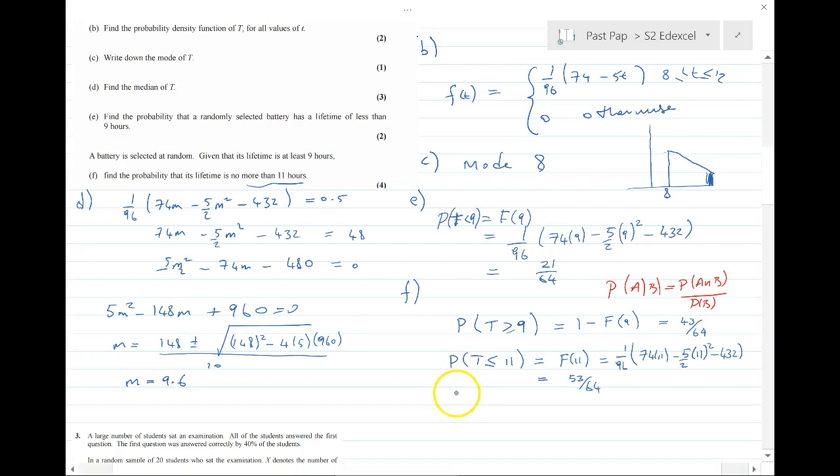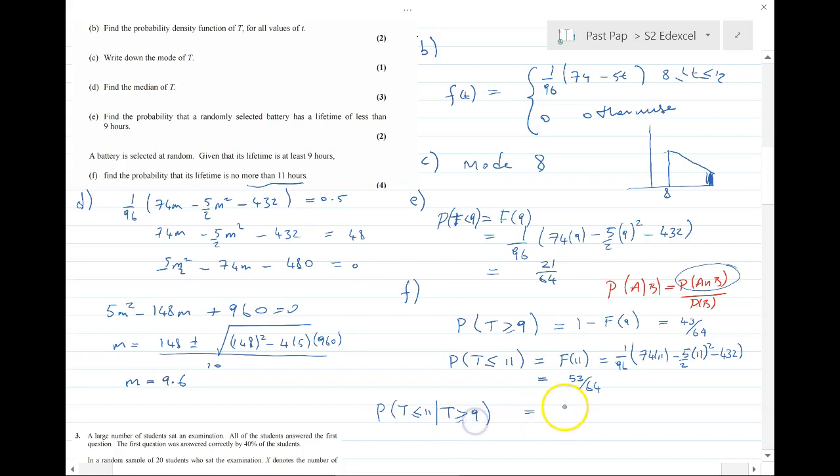But what we're going to need to find, if we're thinking of this using this formula here, is the probability that both of them happen. Might look like a load of stuff here, a bit over the top, but what we're being asked for is the probability that t is less than 11, given that we know t is greater than 9.